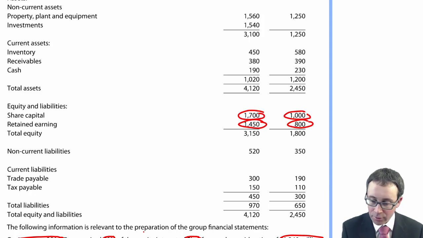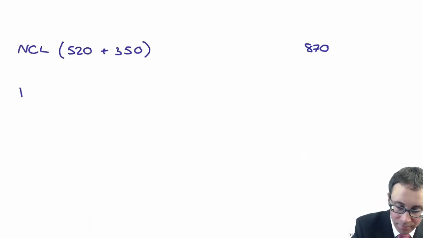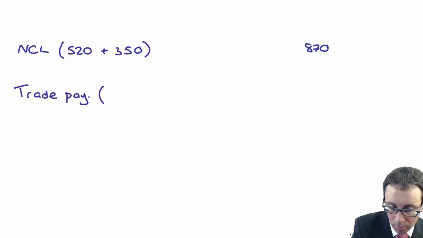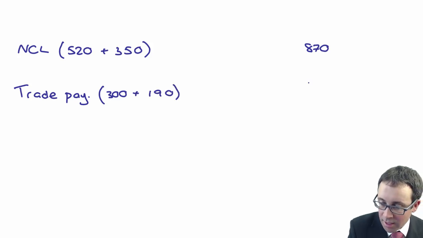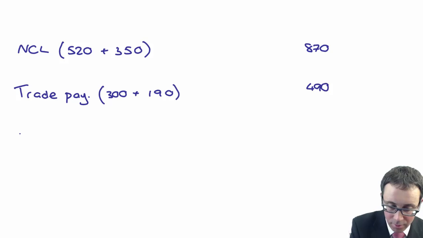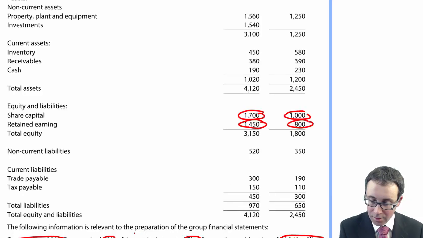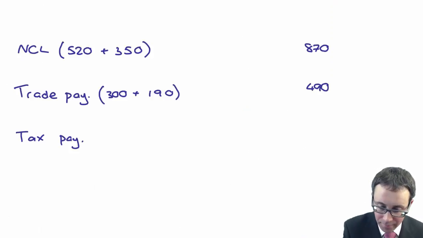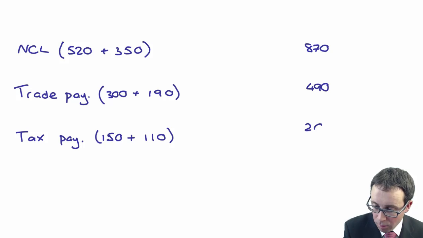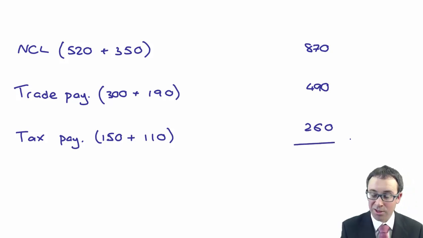And then trade payables 300 and 190. Is that 490? And then my tax payable 150 plus 110 gives me 260, doesn't it?